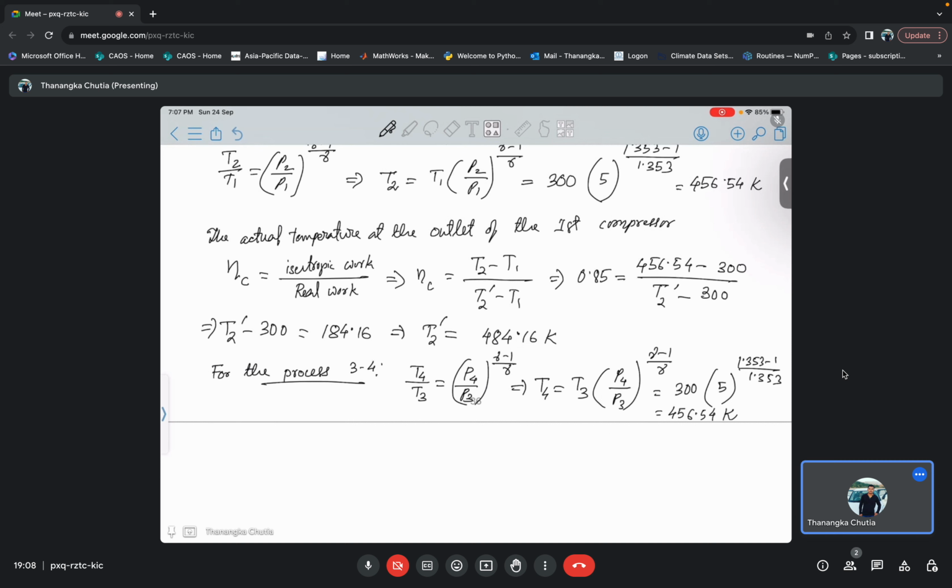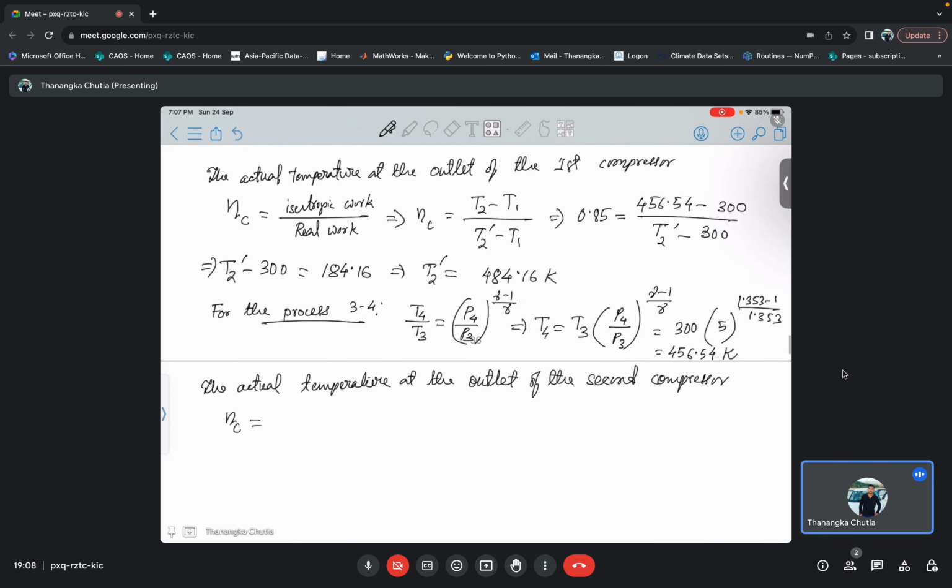Again, the actual temperature at the outlet of the second compressor. So again eta compression will be equal to isentropic work divided by real work.